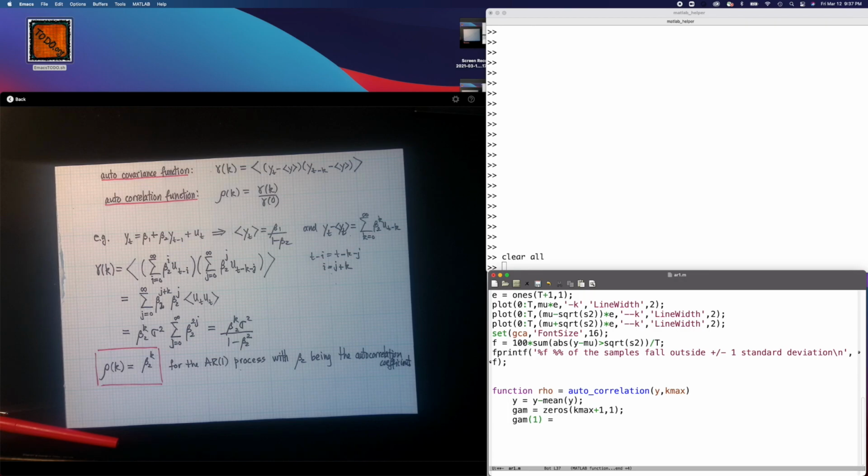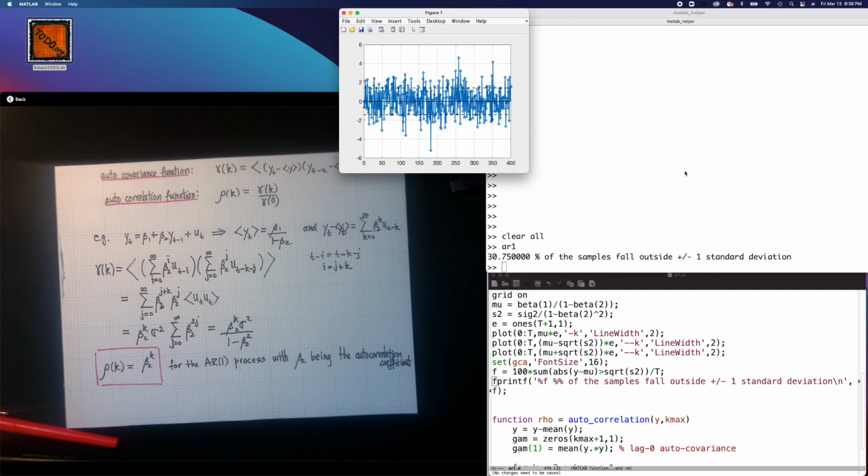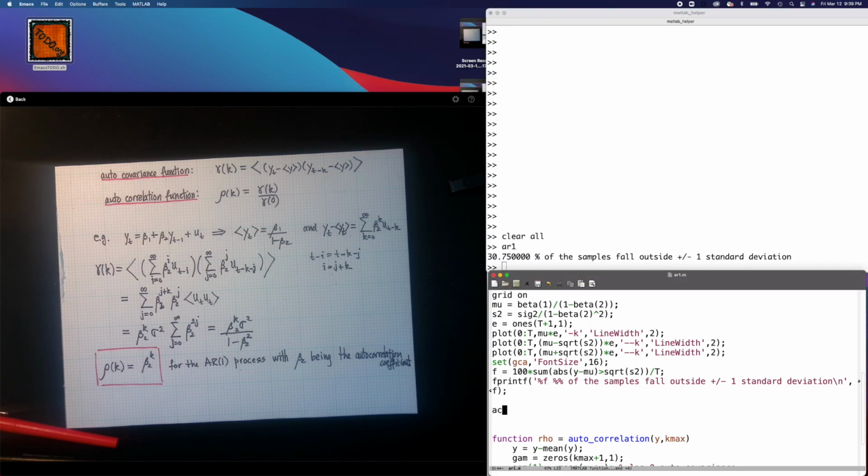In gamma 1, we're going to put the lag 0 covariance. So we're going to compute it for 60 lags, and we're going to make a plot. I will also compute the theoretical value.